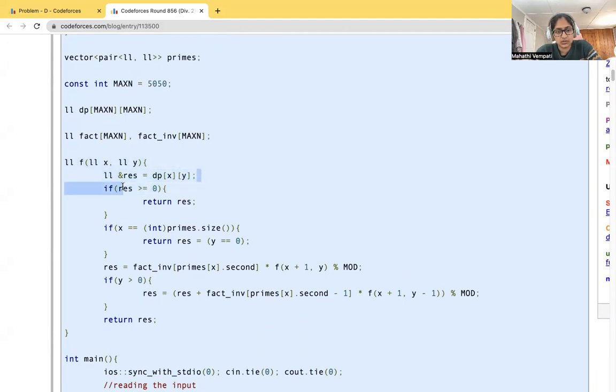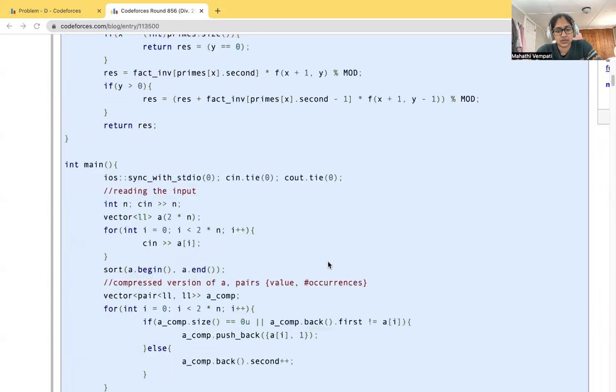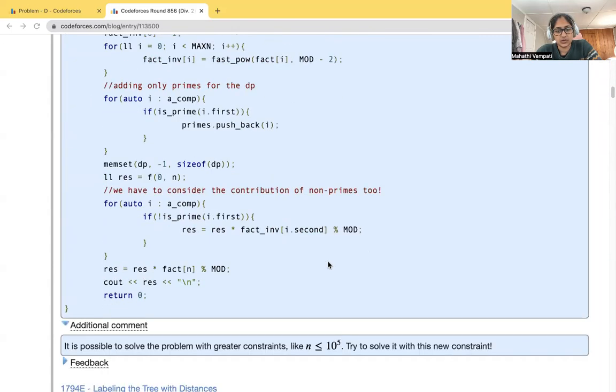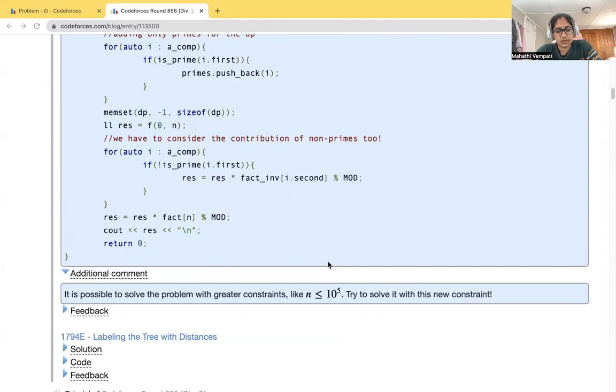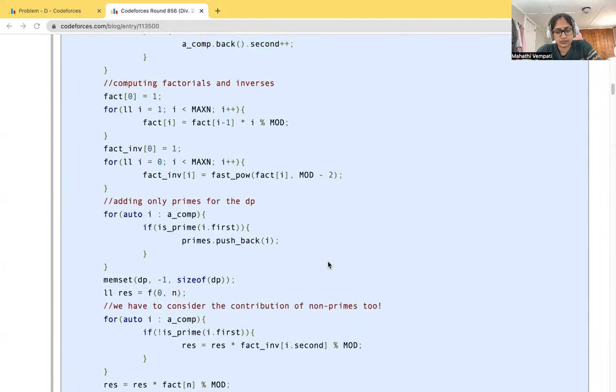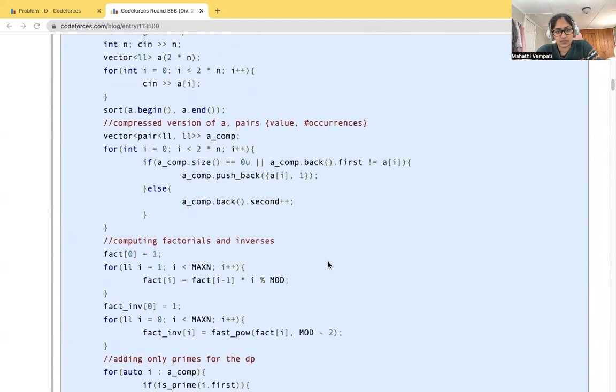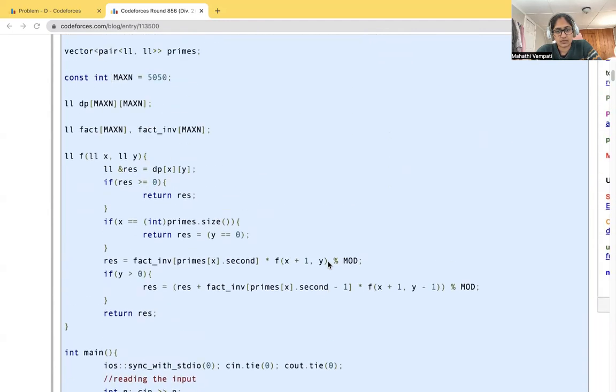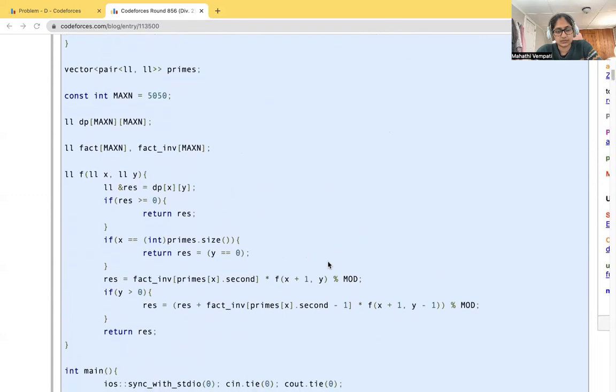I keep getting confused with these address operators. Yeah, I'm not going to have time to code this up, but we'll do it before.